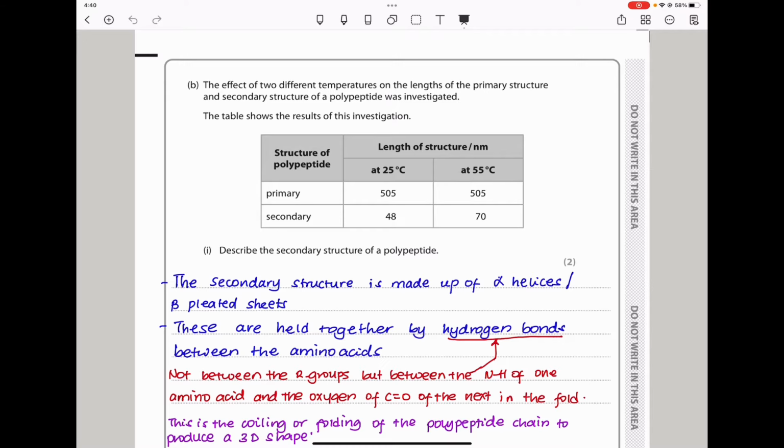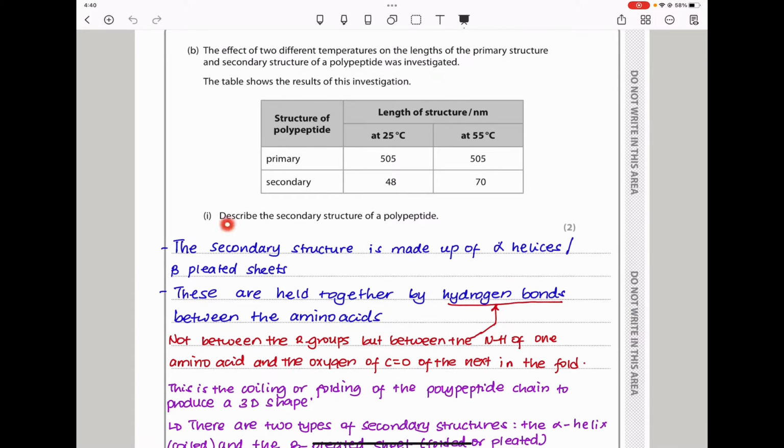A 30-degree change did not change the primary structure. When temperature has increased by 30 degrees, the primary structure remained as it was. However, for the secondary structure, heating from 25 to 50 increased the length of the structure. So it means there is a reason as to why these changes occurred.